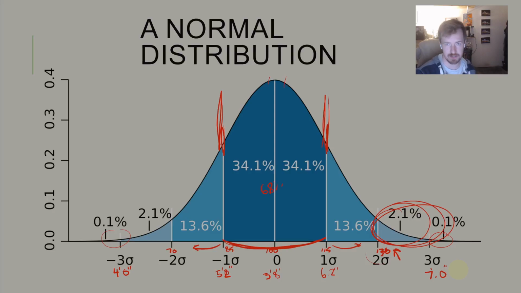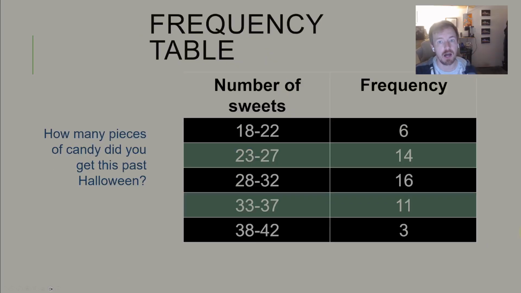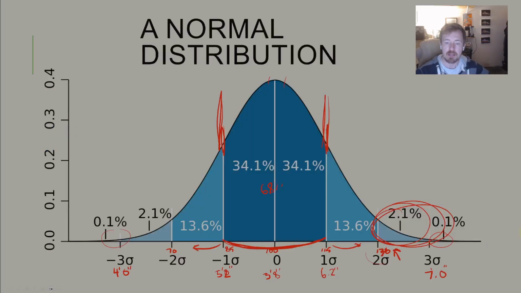There's a reason why they are, which might be because being taller gives you a competitive advantage in basketball. So this idea of a normal distribution is going to be the key. This is the center of talking about inferential statistics, which we're going to get to by the end of this video. I'm just laying down the base work here.